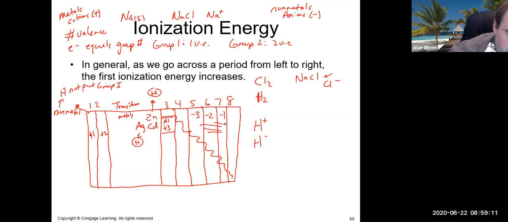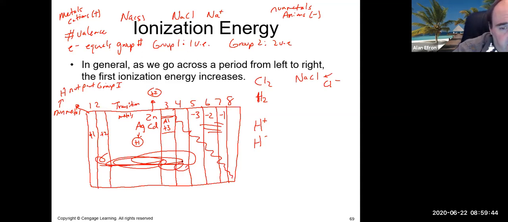And that's different if you think about all of our metals over here in this region, right? All the way across all of our metals. The metals essentially become positively charged. So if you think about where they're located on the periodic table, they're located to the left and down, and that's where ionization energy is less. And that's because it doesn't take a lot of energy to remove an electron, which means it's relatively easier to remove an electron from a metal, and that's why they typically become positively charged.